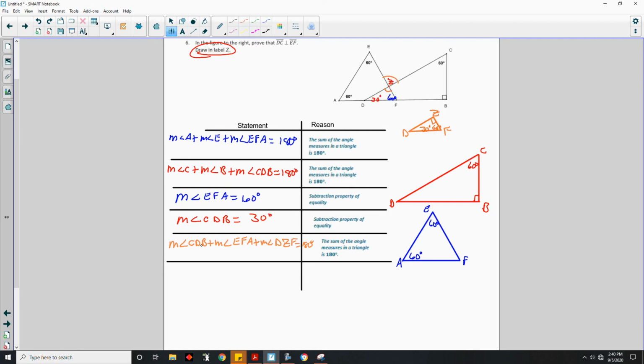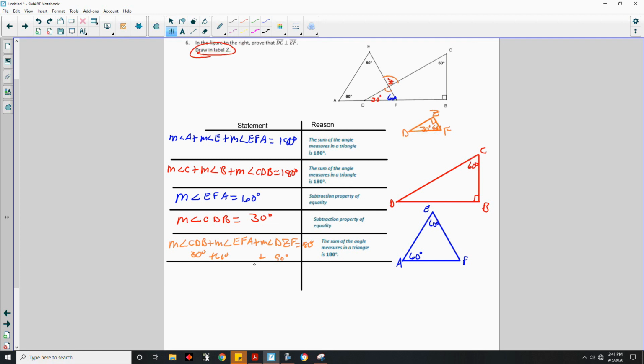And actually I can say, since CDB plus EFA plus DZF equals 180, and I know the measure of angle CDB is 30 degrees, right? And EFA is 60 degrees, then I now know that DZF is 90 degrees, right? Because 30 plus 60 plus 90 is 180.